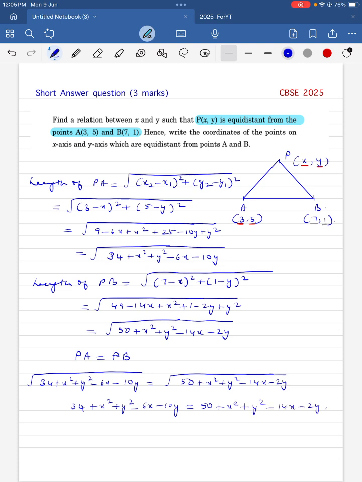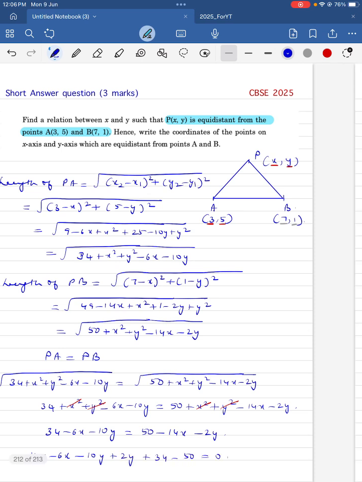Now let's cancel out the common terms from both sides. We know that x squared is there on both sides and y squared on both sides. So let me just strike them out and I would get 34 minus 6x minus 10y as equal to 50 minus 14x minus 2y. Now let's bring all the terms to one side. So I would have 14x minus 6x minus 10y plus 2y plus 34 minus 50 is equal to 0.